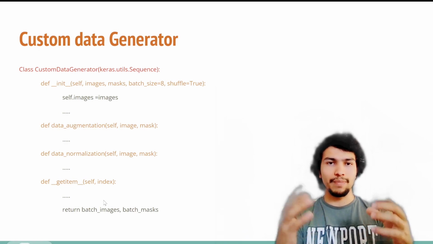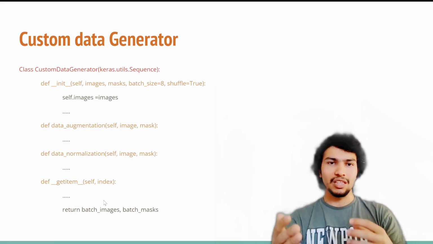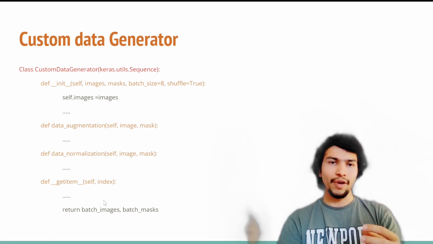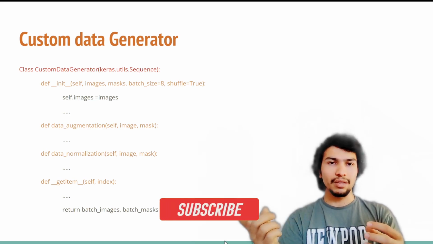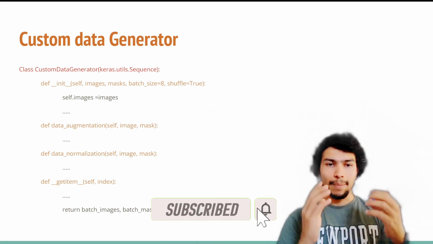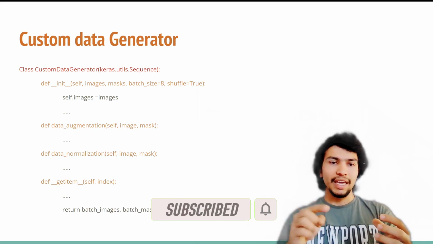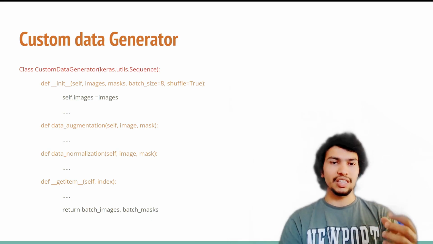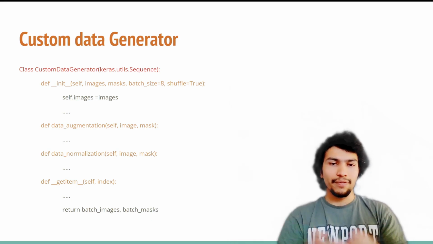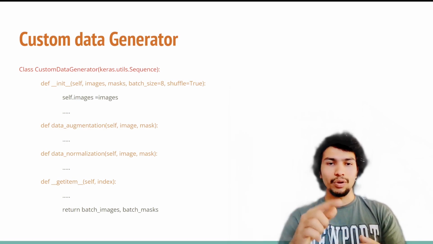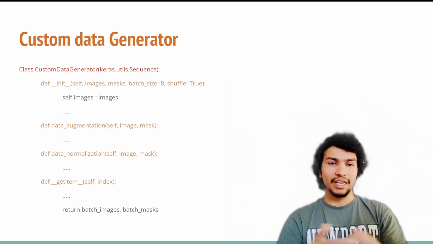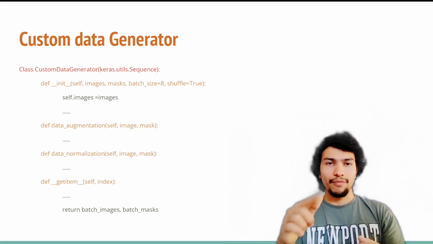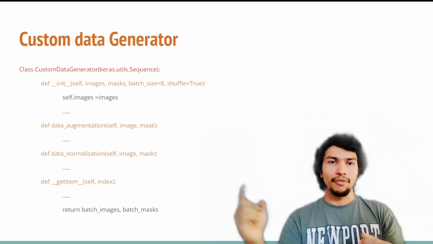For example, if the batch size is 8 and my image size is 512 by 512 and RGB image, then my batch image shape will be 8, 512, 512, and 3 is the channel. And similarly for the batch mask, the shape of that array will be 8, 512, 512, by 1.